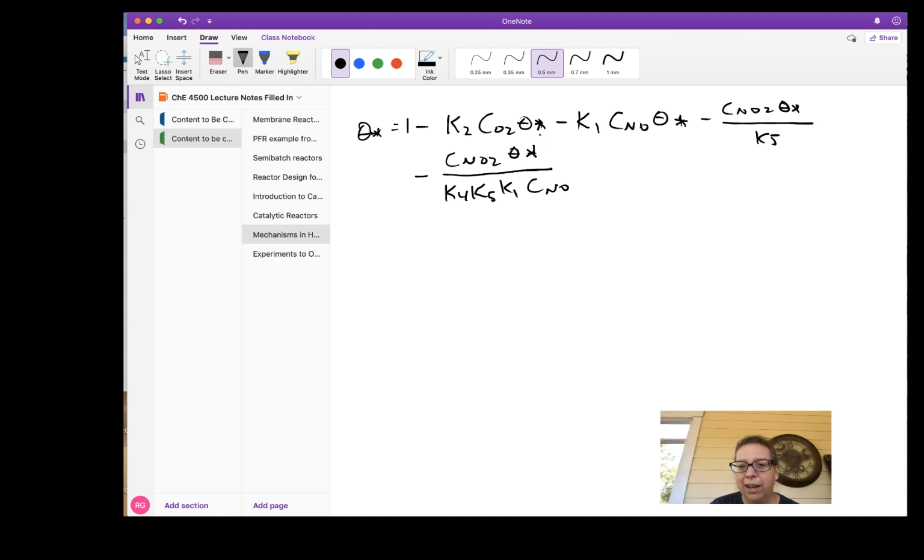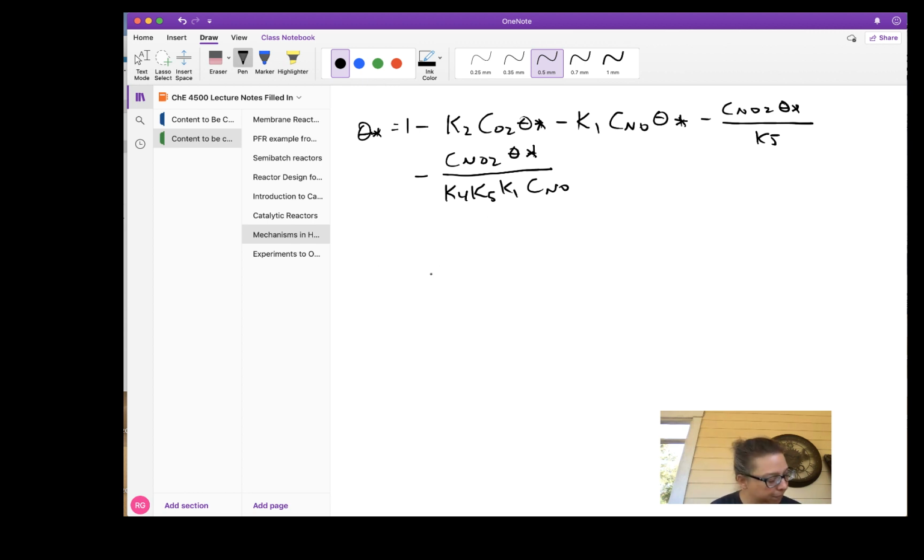But anyways, each expression, except for the first one, should be multiplied by theta star to the first power. So you shouldn't have any other powers, second power, negative power. They should all be multiplied by theta star. So no other expressions of theta star. If you don't have that, then go back and check what you've done, because it's likely that there's been an error along the way.